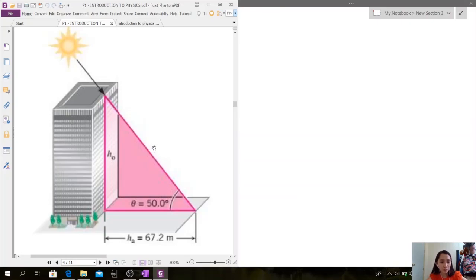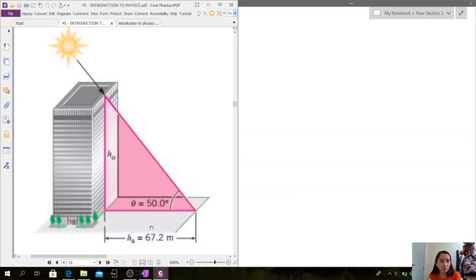So, we have the building here, and this one is the length of the shadow, which is equal to 67.2 meters. And the angle between the ray of the sun, this one, and the ground surface is equal to 50 degrees. So, we are asked to find the height of the building.